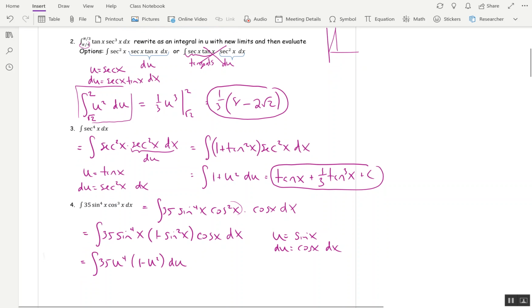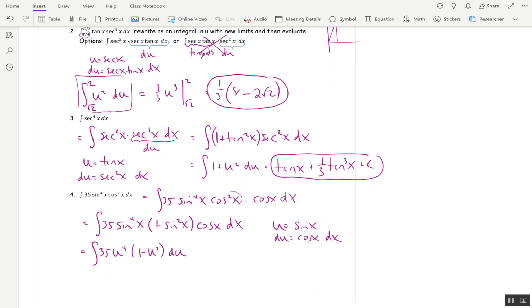Before I integrate, I need to distribute. So this is the integral of 35 u to the 4th minus 35 u to the 6th. And now we're good to go.